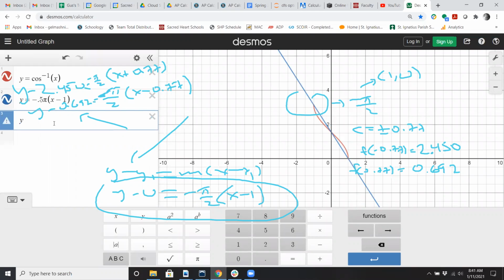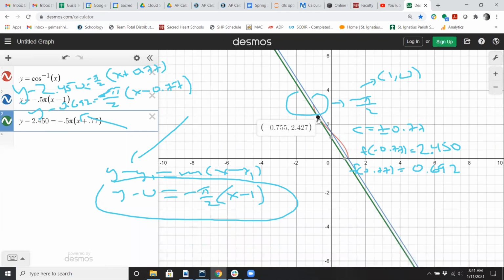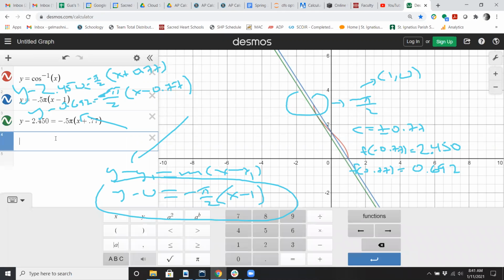Then y minus 2.450 equals negative 0.5 pi times x plus 0.77. So you can see we have a tangent line that's green, touching it right there. And I'll do one more, y minus 0.692 equals negative 0.5 pi, in this case, times x minus 0.77.